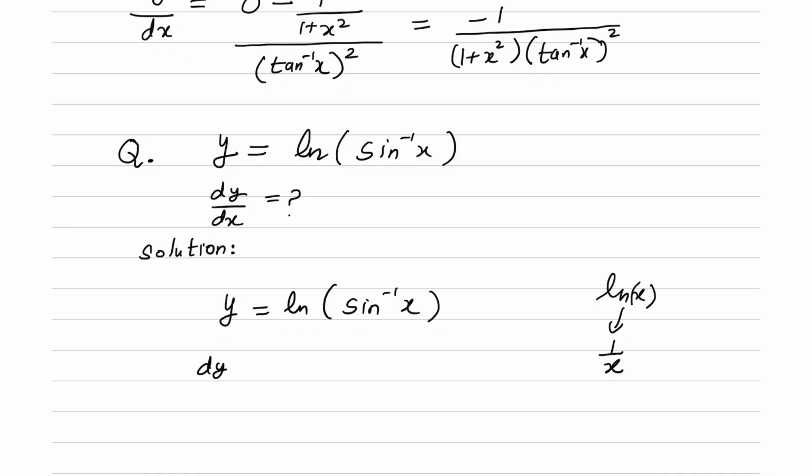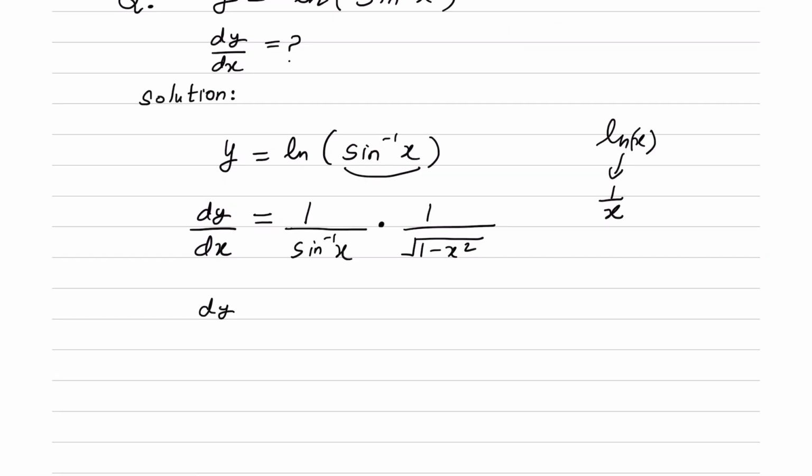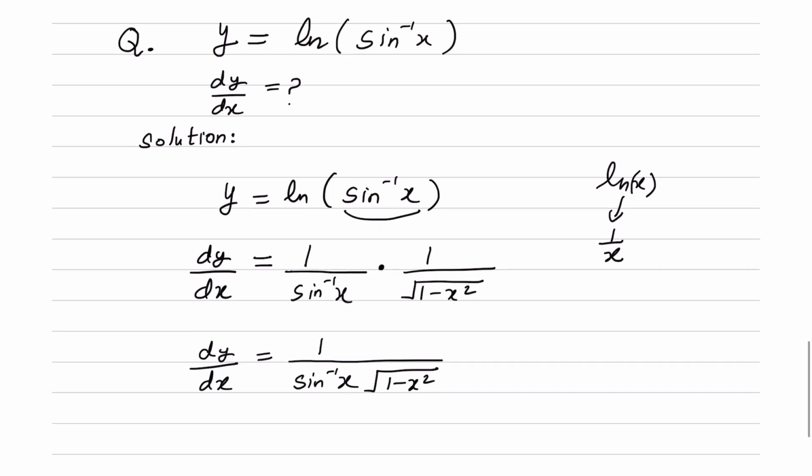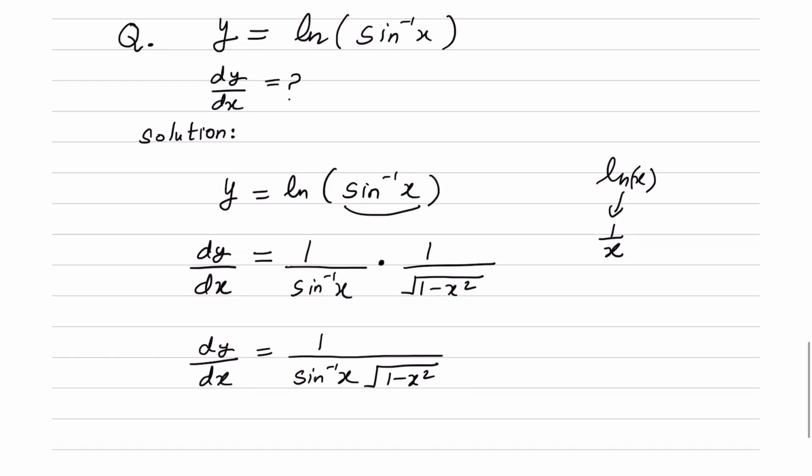So when we find the derivative of y with respect to x here, by the definition of the derivative of ln x, we have 1 over, but here we don't have x, we have sine inverse x. And then the derivative of sine inverse x is 1 over square root 1 minus x square. We can write it as dy by dx is equal to 1 over sine inverse x times square root 1 minus x square. So we have found the derivative of ln of sine inverse x.